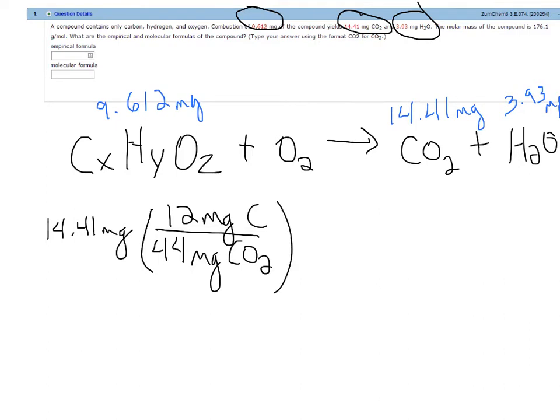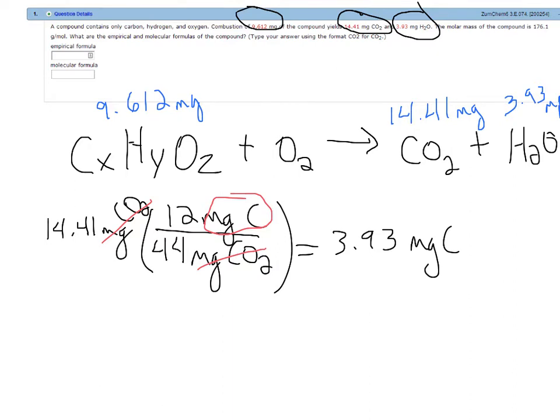In other words, the mass percent of carbon within carbon dioxide is the fraction 12 over 44. So if you've got 14.41 milligrams of carbon dioxide and you set up a mass percent problem, you can use that to find the number of milligrams of carbon. In this case it works out to be 3.93 milligrams of carbon.